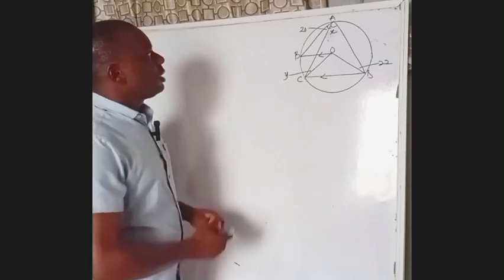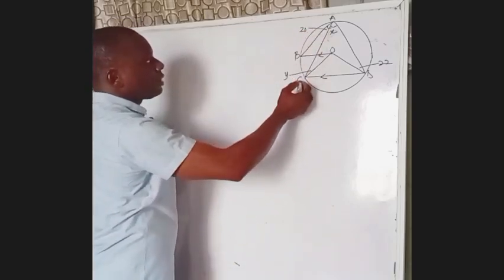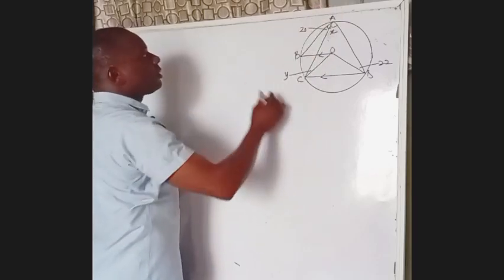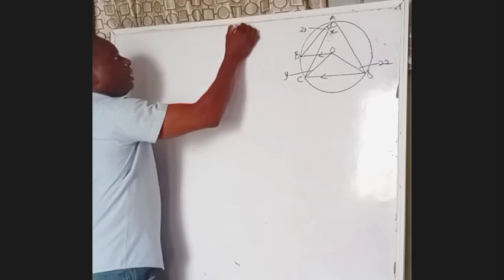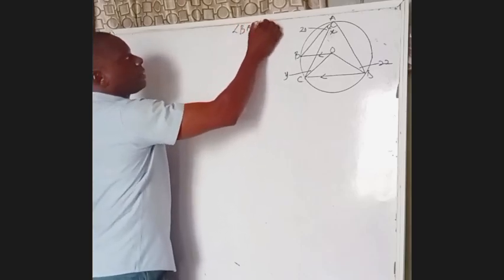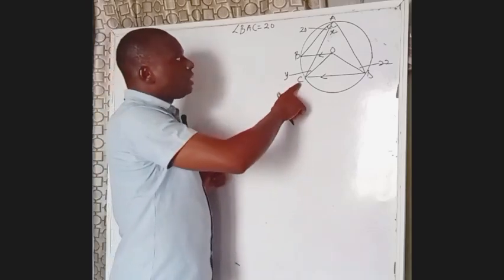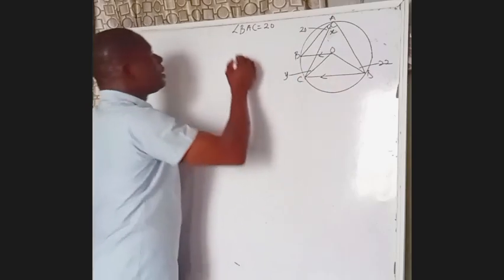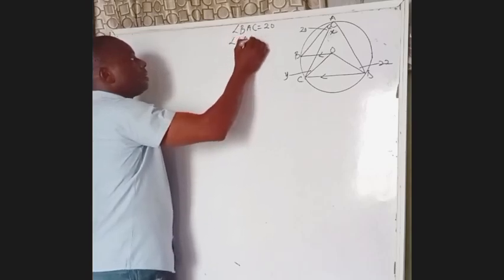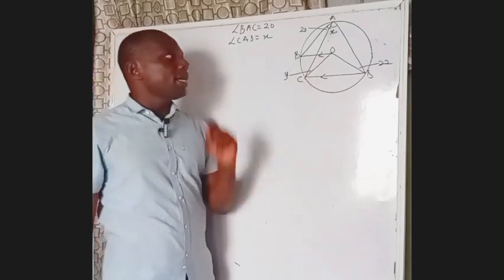And we notice that angle BAC is 20 degrees, while angle CAB is x. That's one of the angles we're asked to find here.